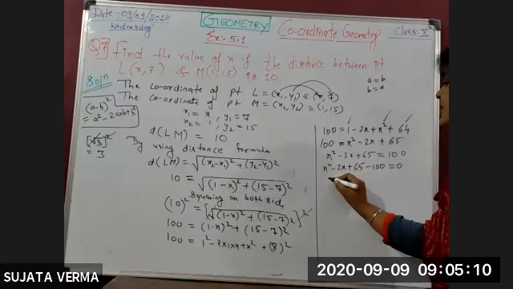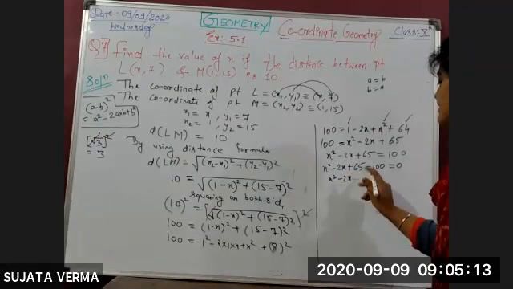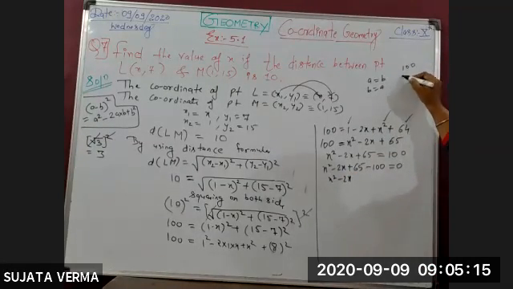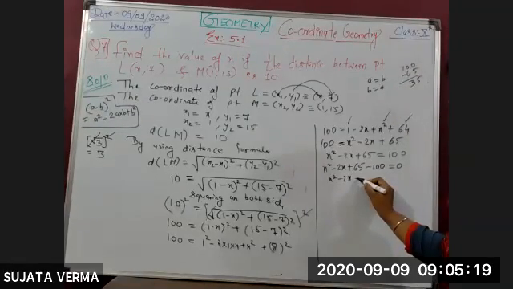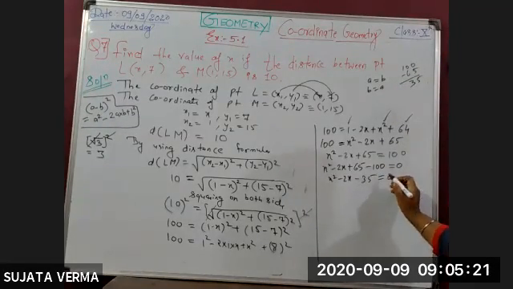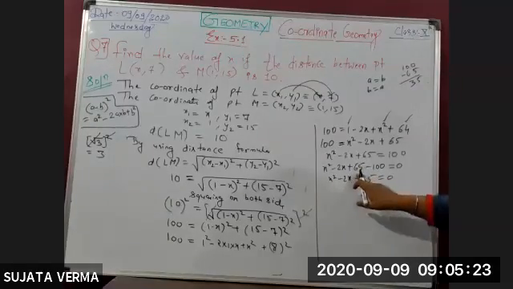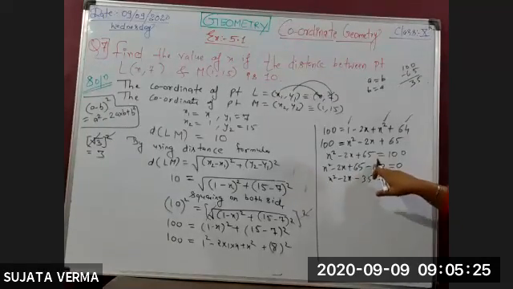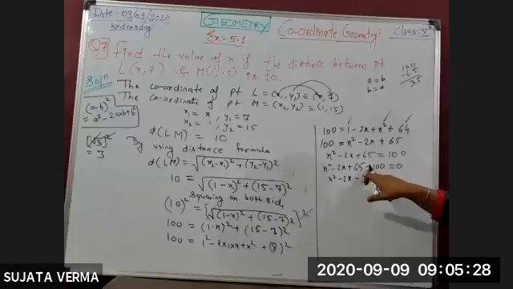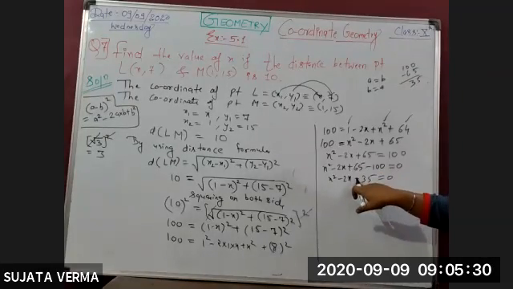Then listen. x square minus 2x, 100 minus 65 is equal to 35. Why minus 35? Because 65 and 100, 100 is the larger number. It has minus sign. So we put minus 35 here.